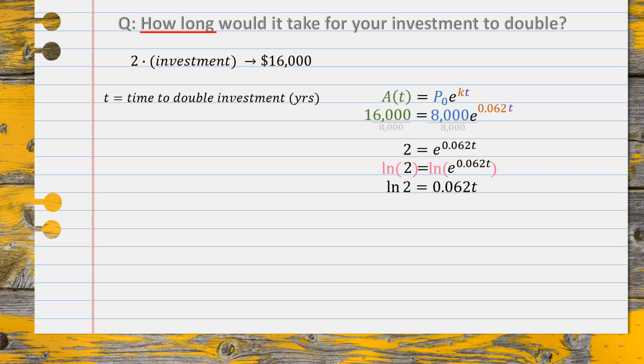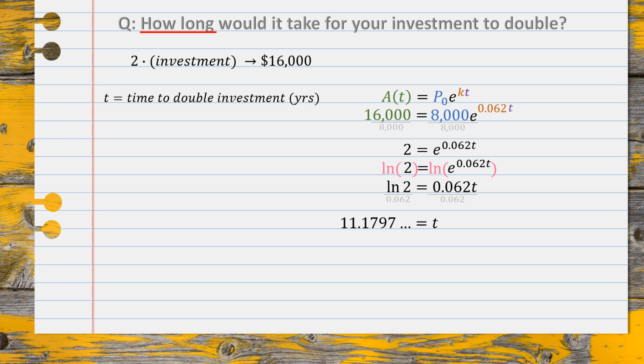Congratulations, your number is no longer an exponent. So we're one step away from isolating and finding t. Our last step is to divide both sides by 0.062. So on your calculator, do natural log of 2 divided by 0.062, and let's see what you find.